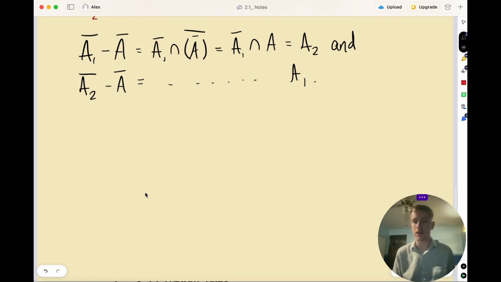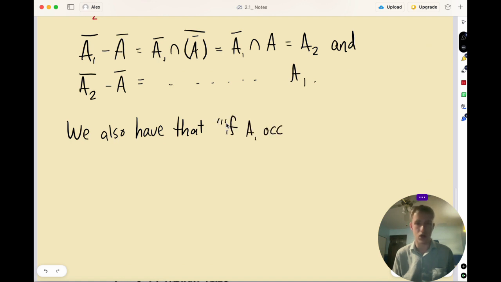Okay. The last thing that I'm going to talk about is what does it mean to be a subset? Okay, so we also have the following language. So if A1 occurs, then A2 occurs.